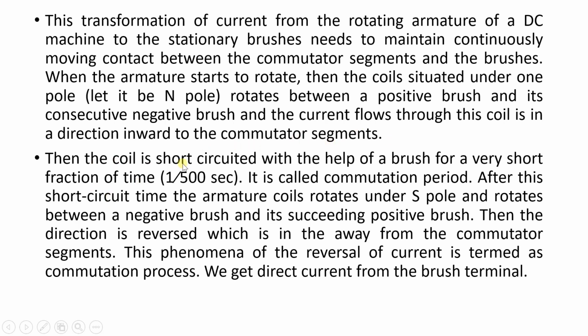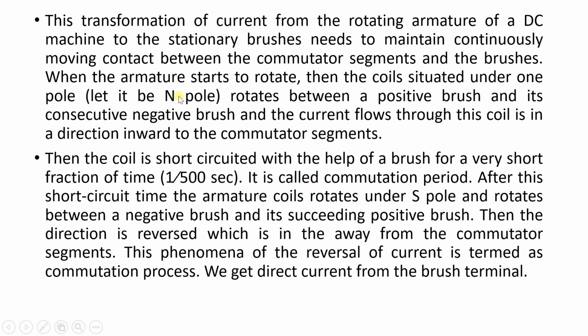Then the coil is short circuited with the help of a brush for a very short fraction of time. The short circuit time is very small, it is 1/500 of a second. It is called the commutation period. After this short circuit time, the armature coil rotates under the S pole.